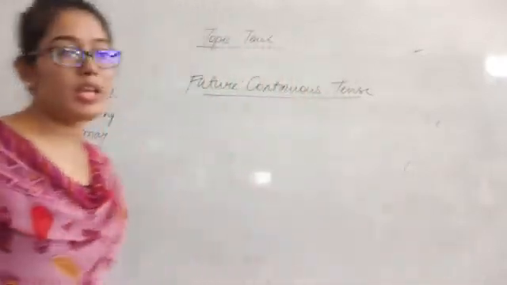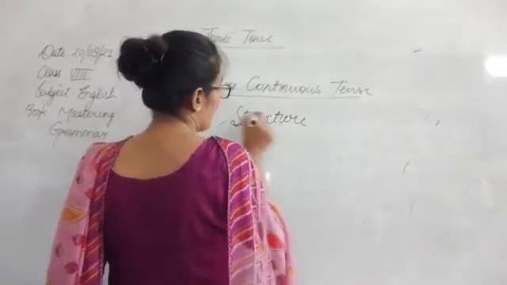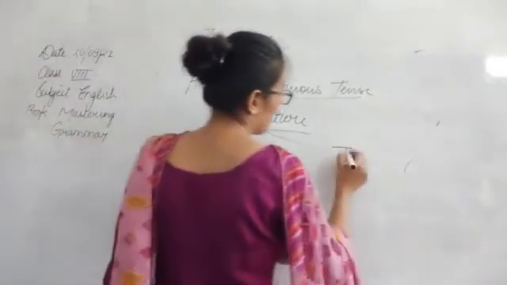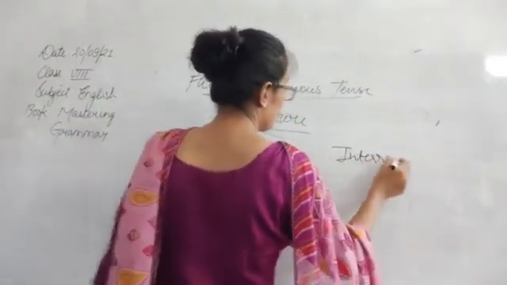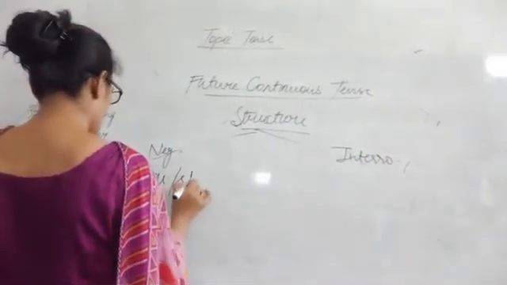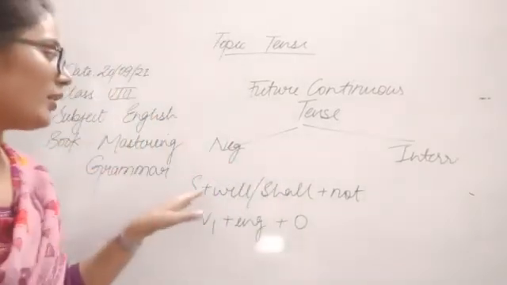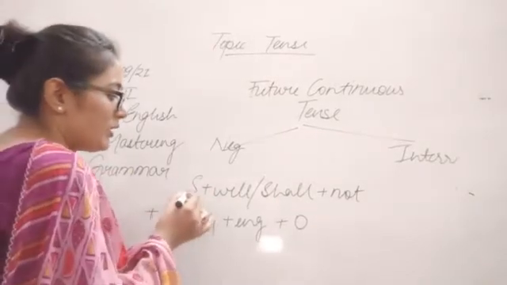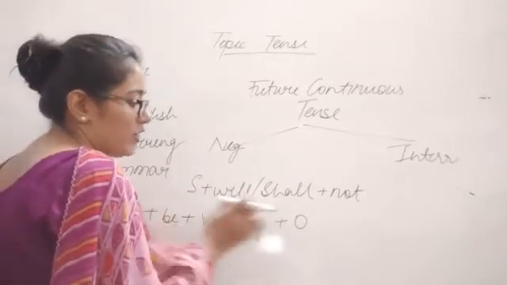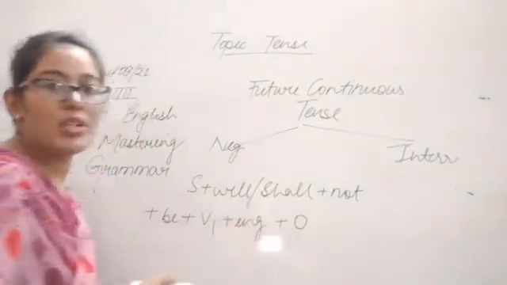Now let's talk about the structure of future continuous tense. Negative once again and interrogative. So it would be subject plus will, shall, plus not. As I was saying, when you add negative, the structure becomes subject plus will, shall, not plus be plus verb first form plus ing plus object.